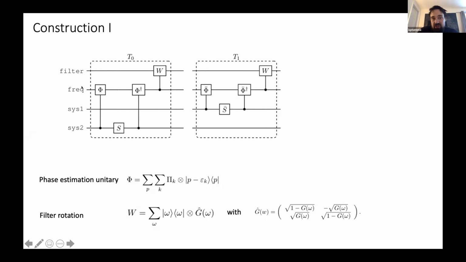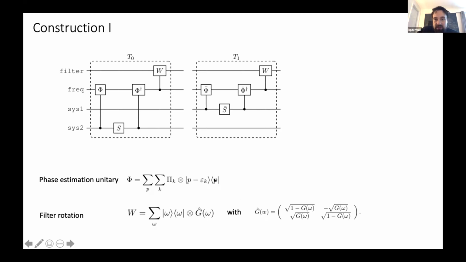So to construct that isometry, we're just going to write it out. First we're going to act on the system and the frequency register with a standard forward phase estimation, which in the ideal case is this unitary. Π_k are essentially projectors onto the energy eigenspaces labeled k if they're degenerate.